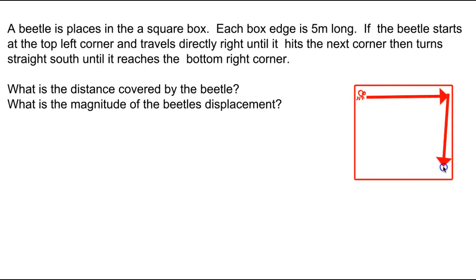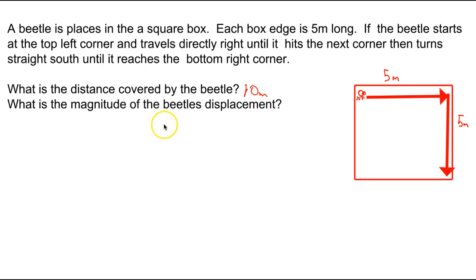And then he goes straight south to hit that corner. Okay. And the problem specifically says that it's a square box, so each side is 5 meters. So 5 plus 5 is what? 10 meters. So calculating distance is really easy.